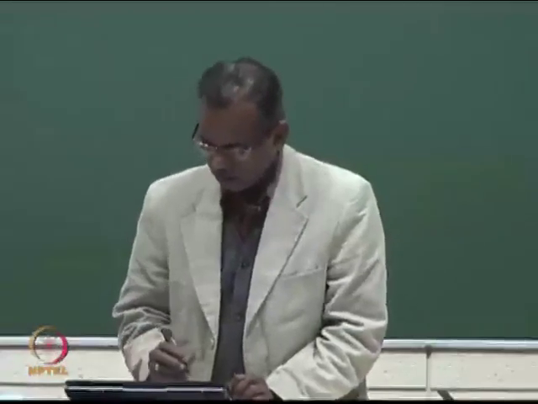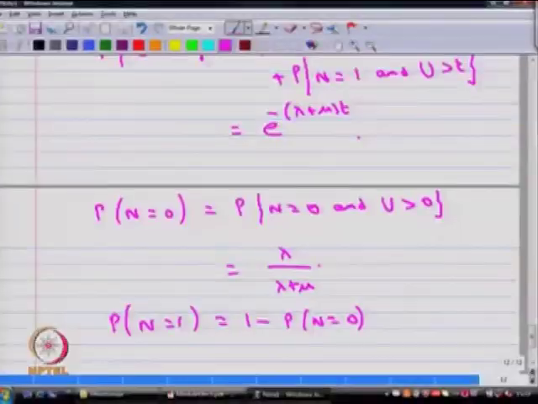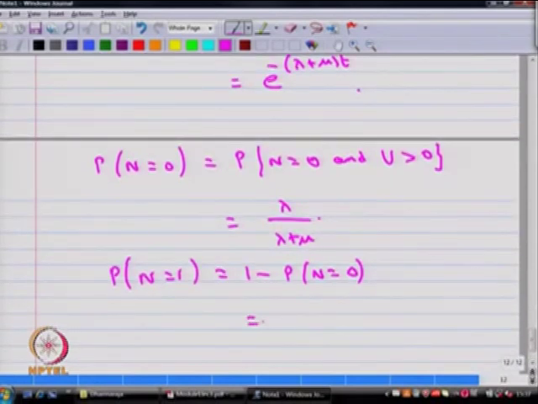Here I am using 1 minus probability of N equal to 0, that will be mu divided by (lambda plus mu). So, in this problem, even though we asked only two things, here we have got probability of N equal to 0, probability of N equal to 1, also probability of U greater than t.